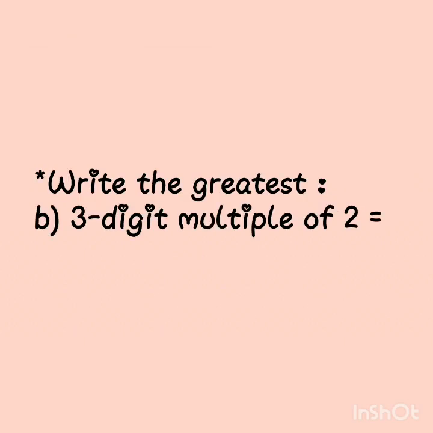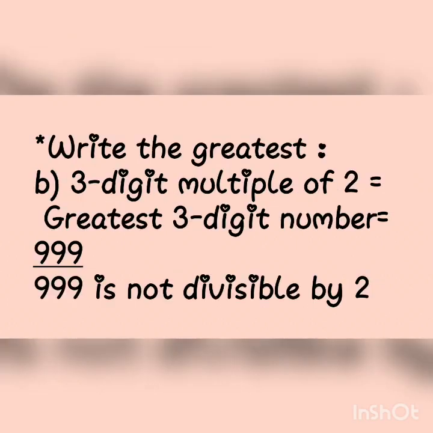Write the greatest 3-digit multiple of 2. The greatest 3-digit number is 999. But 999 is not divisible by 2 because we know that if a number has an even number in its ones place, then the number is divisible by 2. So we have to check the previous number, that is 998.